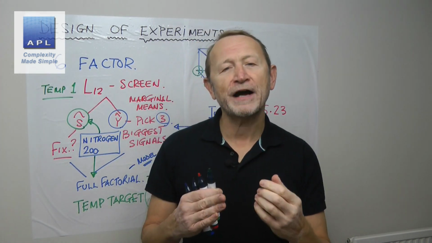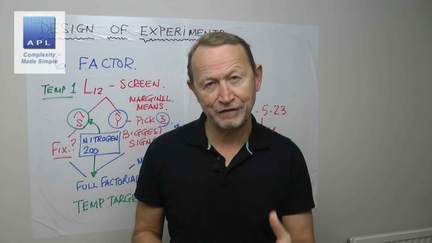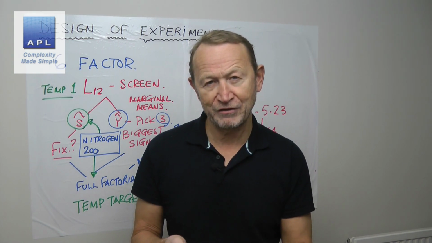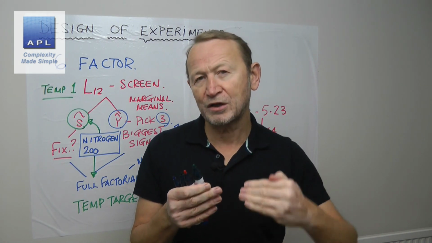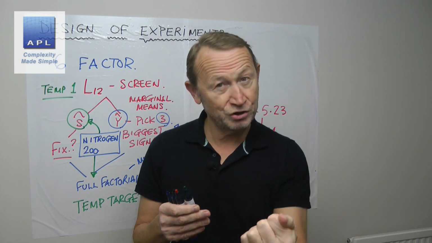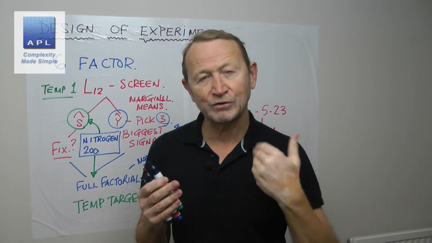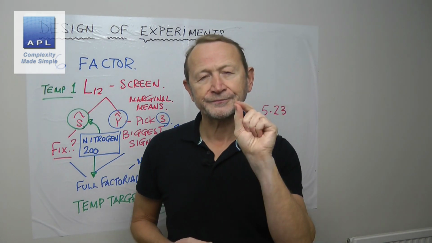So my full factorial was run with the minimum amount of error appearing in the data, the minimum amount of standard deviation. That's partly why my R squared was 0.99, because I dialed all the error out, I dialed all the noise out. And that's very important.